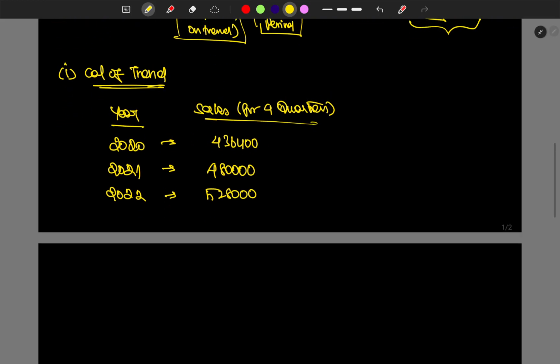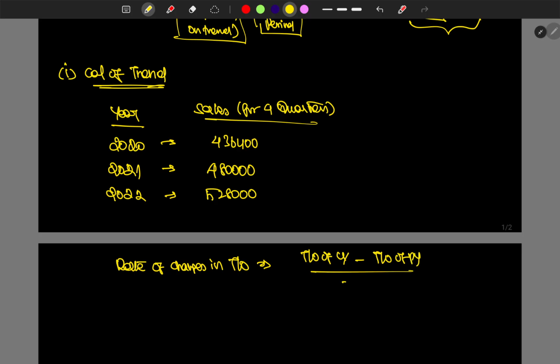Now we have to find out what's the trend between these years. Rate of change in turnover or sales: turnover of current year minus turnover of previous year, divided by turnover of previous year.